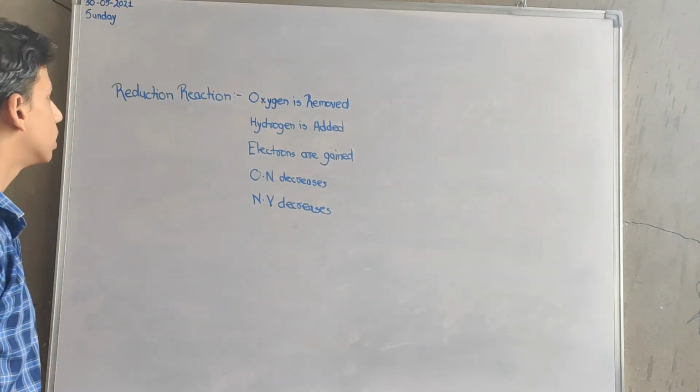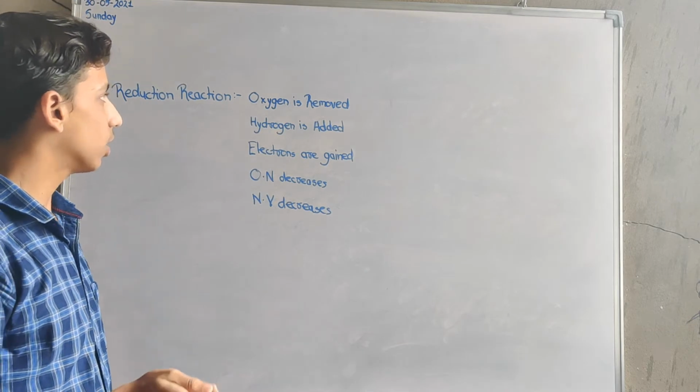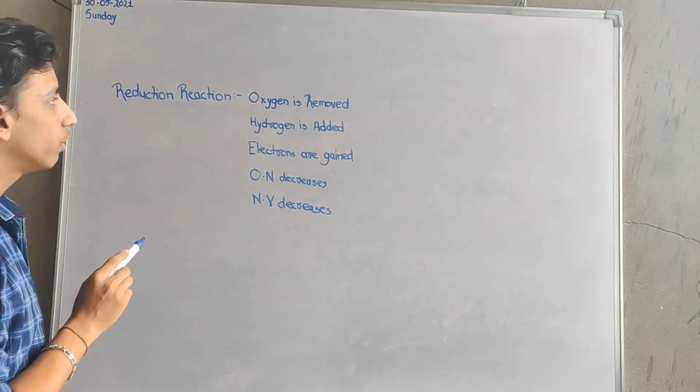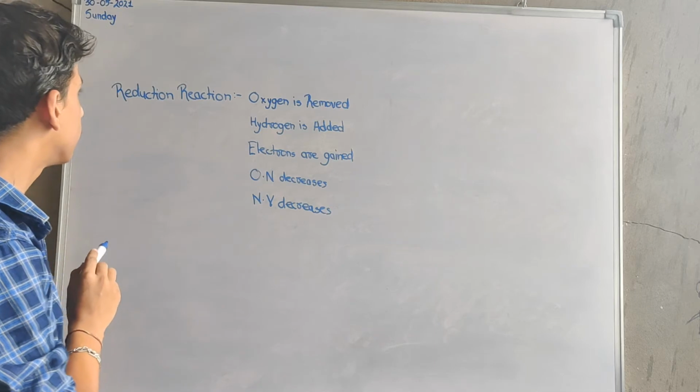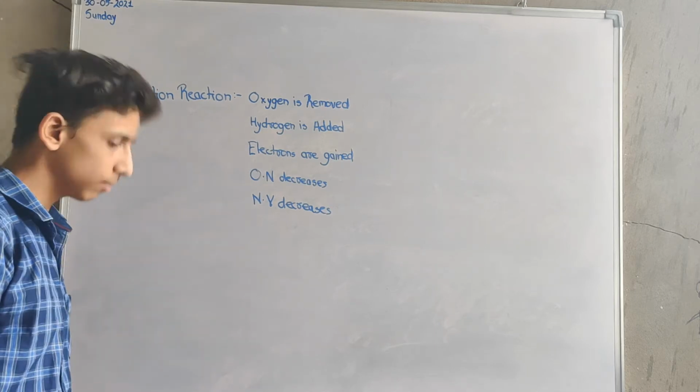These are the 5 points of reduction reaction, and like oxidation reaction, we will use these for finding out whether the reaction is oxidation or reduction reaction.